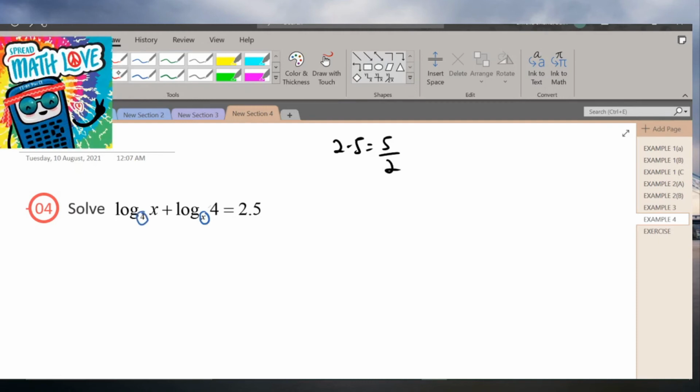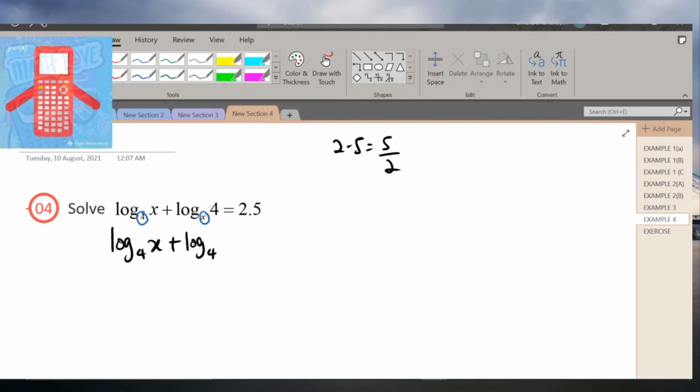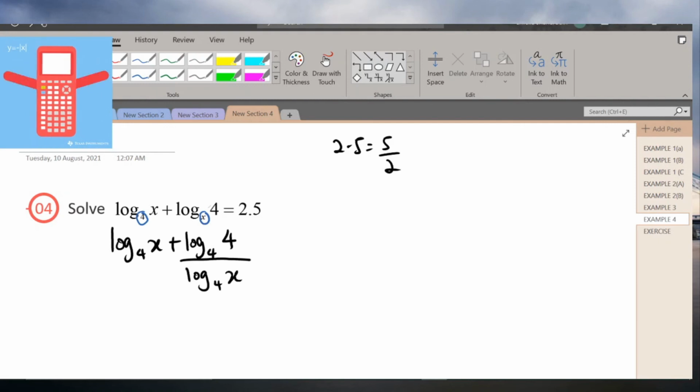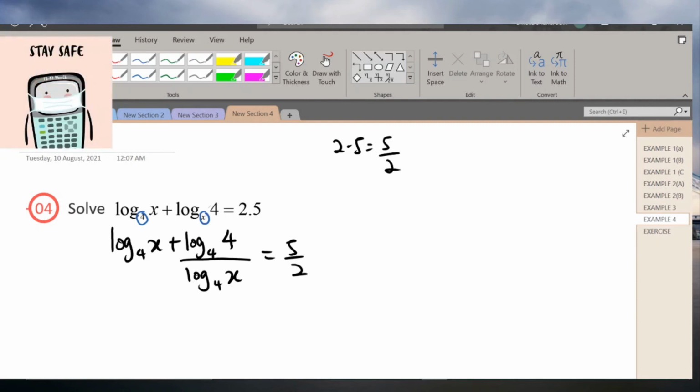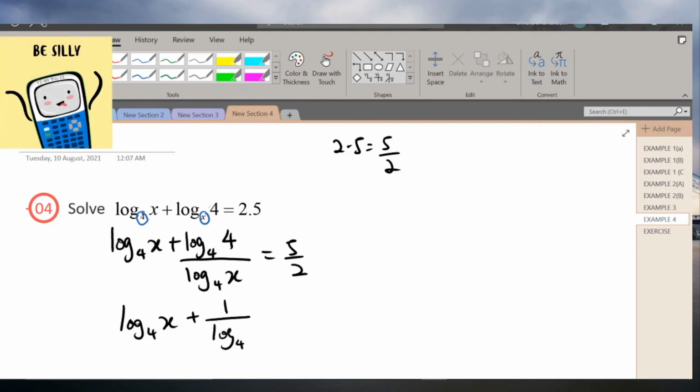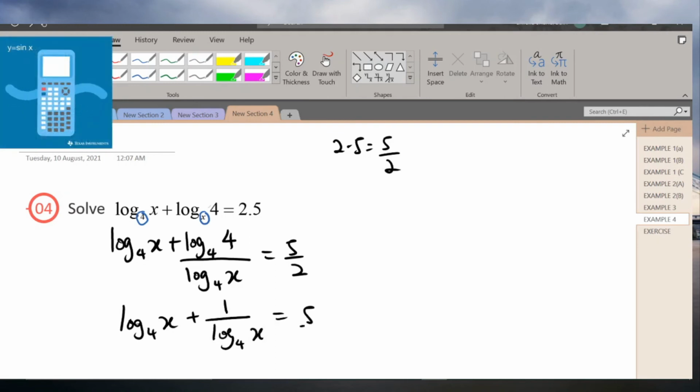Using the rule for changing base, we get log base 4 of x plus log base 4 of 4 over log base 4 of x, equal to 5 over 2. So log base 4 of 4 is just 1. That means log base 4 of x plus 1 over log base 4 of x is equal to 5 over 2.